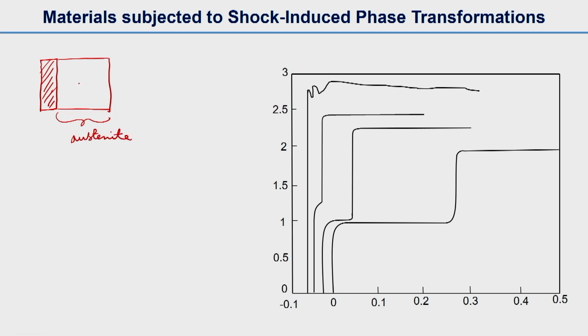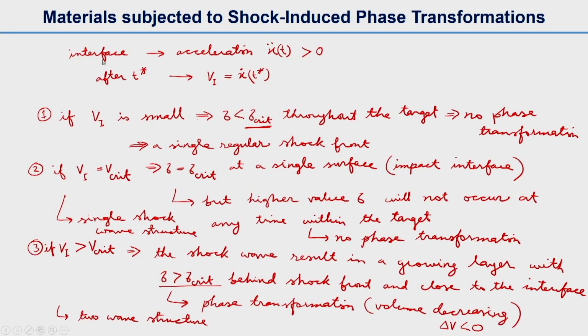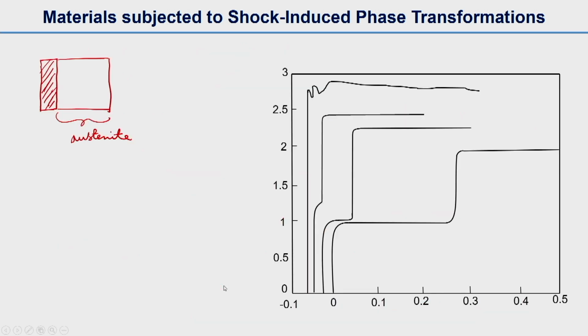Then in the third case, when sigma is sigma critical and this velocity Vi has a slightly higher value than V critical, sigma is higher than sigma critical. So this is the impact interface, right. The material close to this impact interface will be transformed to martensite.